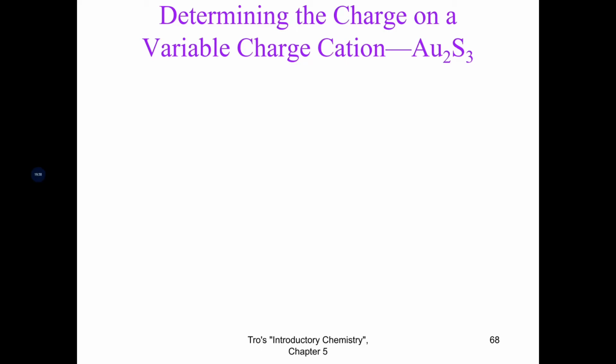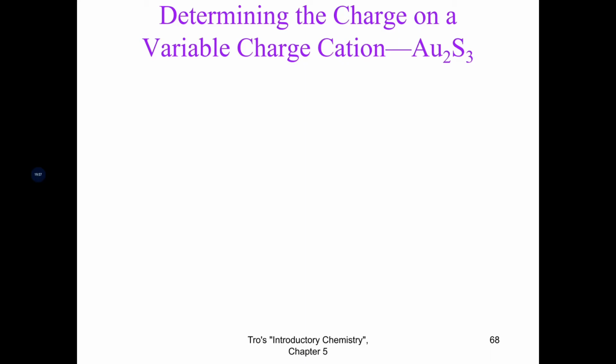I have Au2S3 in this example. Right off the bat, this is an ionic compound. If it's an ionic compound, we're going to name it by determining the type of the cation first. This is gold, and it's type 2 because gold is not part of any of the main group elements, therefore it will have a variable charge.